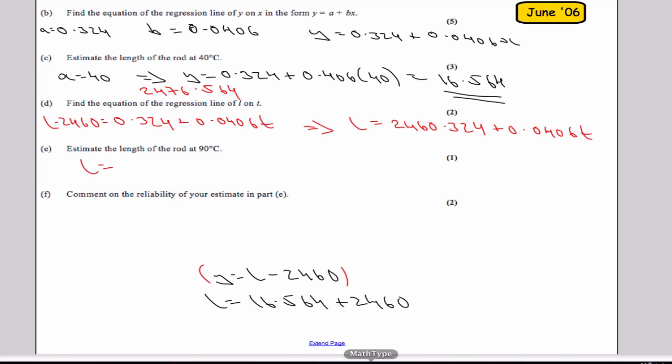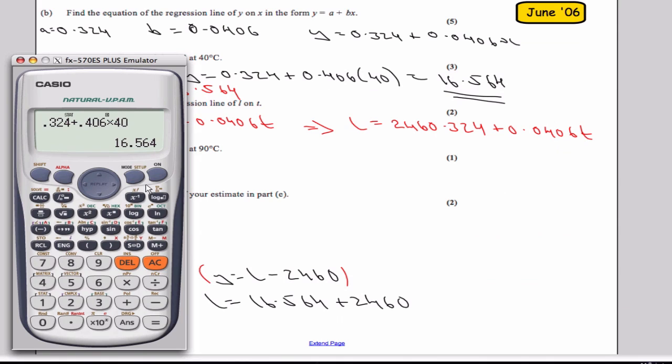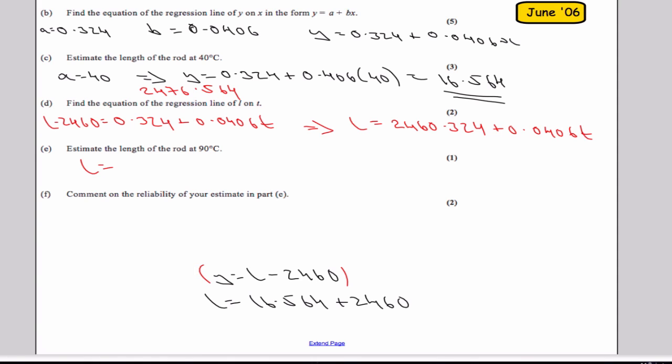So we get L equals 2460.324 plus 0.0406 times the temperature, which in this case is 90. 2463.978.